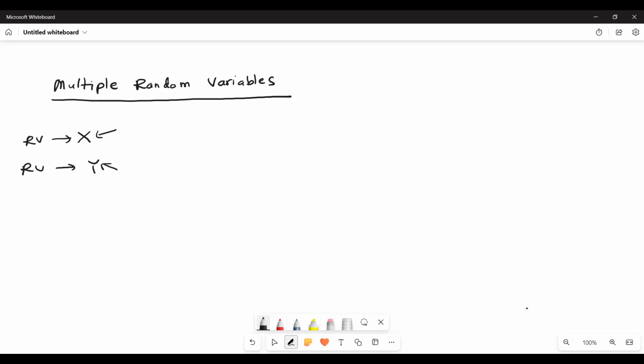And also we want to know how these random variables will work in combination as well. That is what we are trying to find in this section.